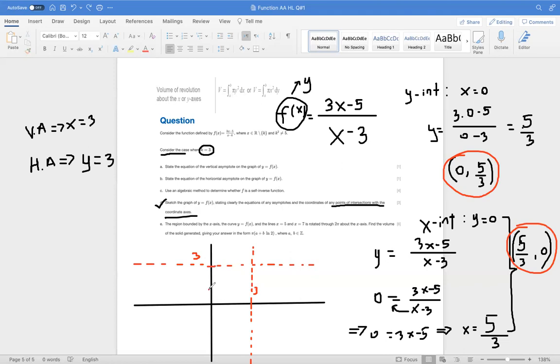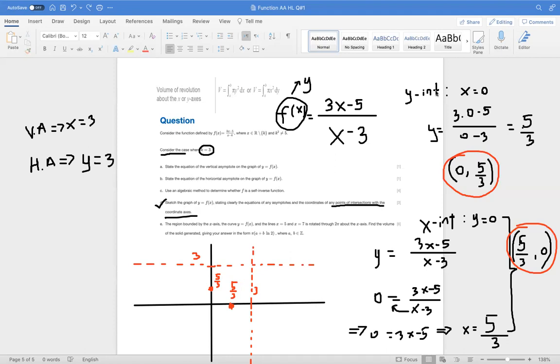So let's say this is my point, this is 0 and 5 over 3. And 5 over 3 to 0. So let's say this point over here is 5 over 3.